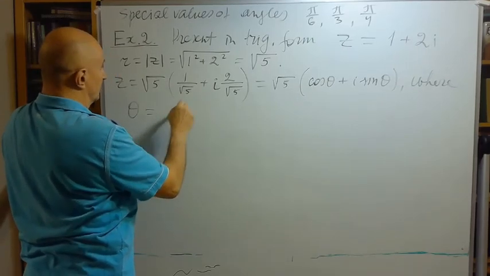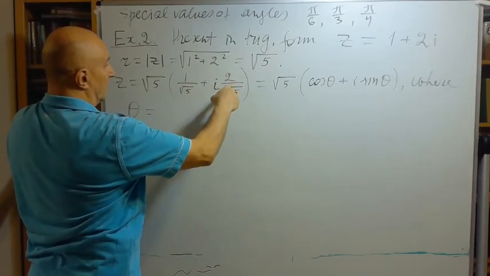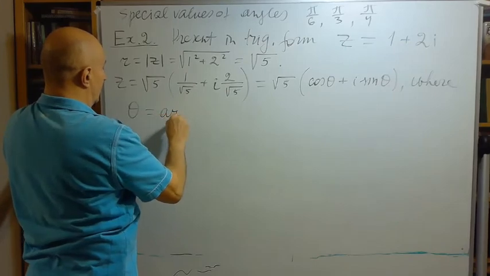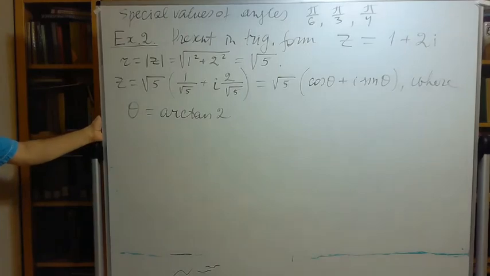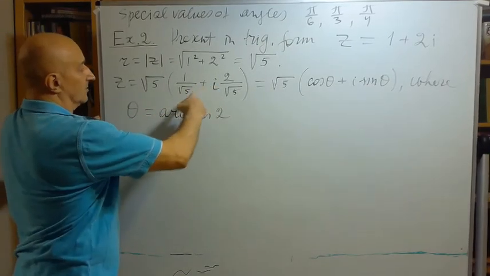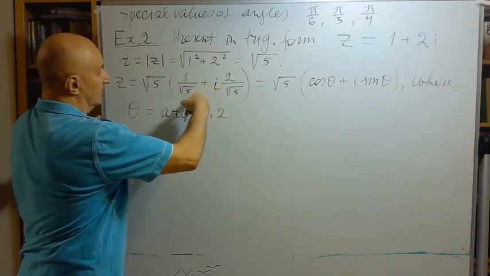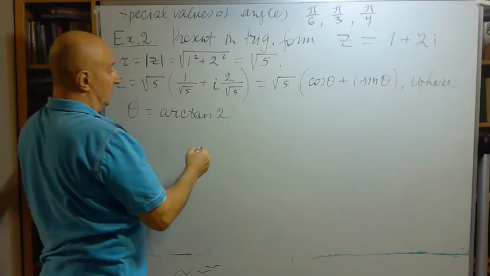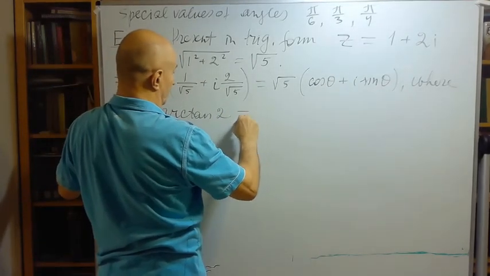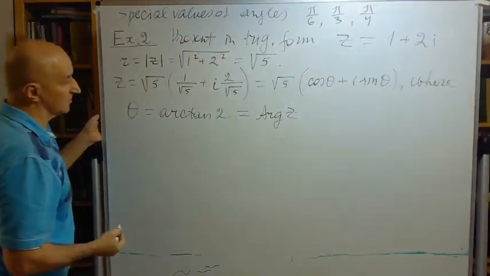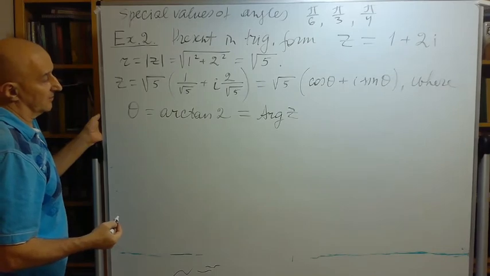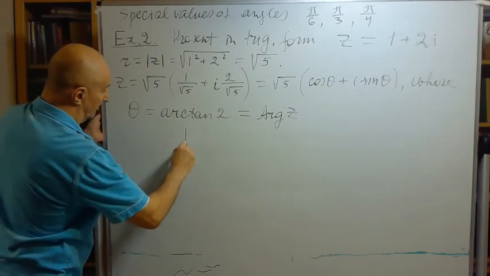If you divide y over x, you get arc tangent of 2, right? If you divide sine by cosine, you get tangent, which will be 2 over root 5 divided by 1 over root 5, tangent 2, which is actually the argument of z. How do I know this arctangent 2 is located between negative pi and pi? Because I know where arctangent 2 is.